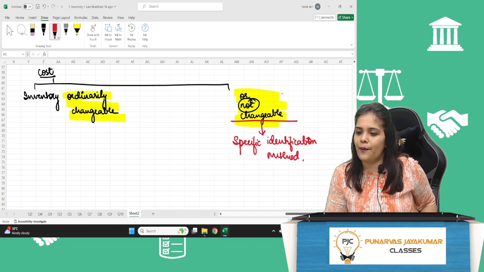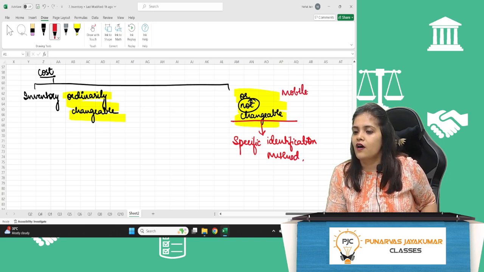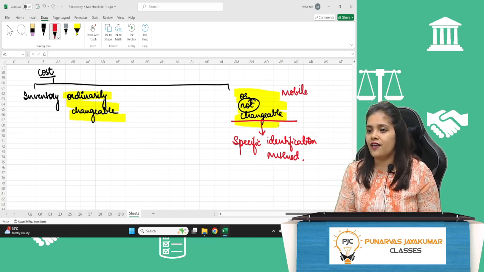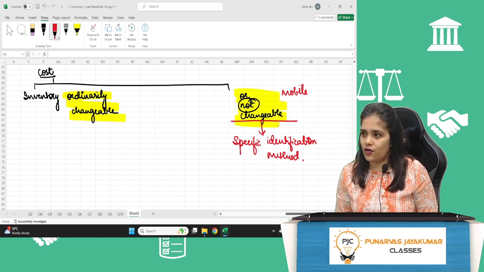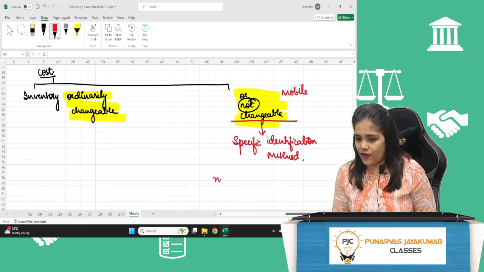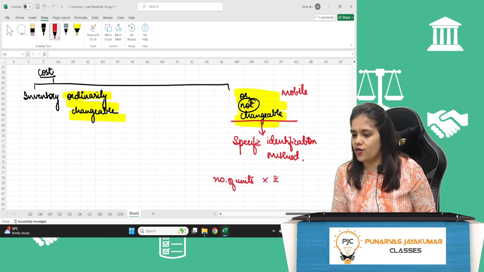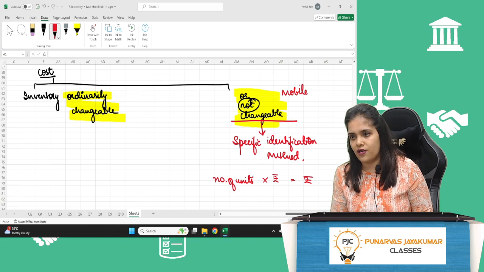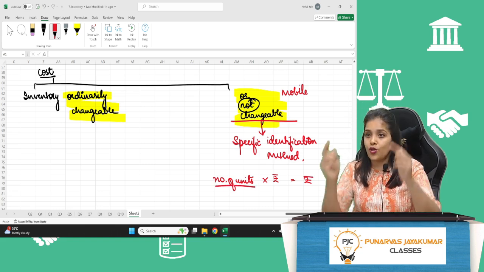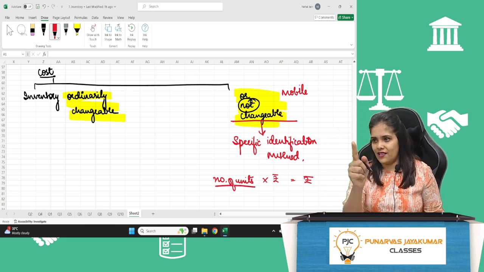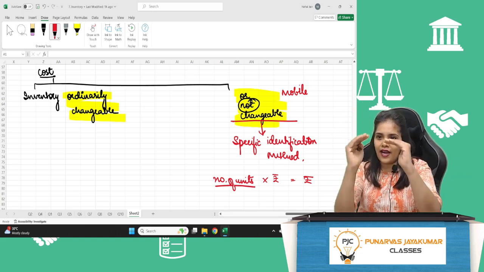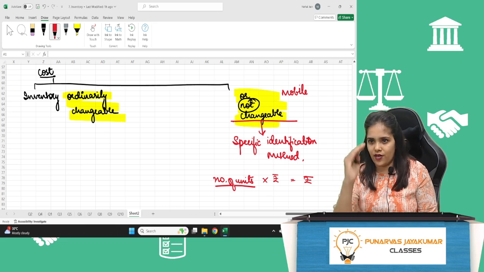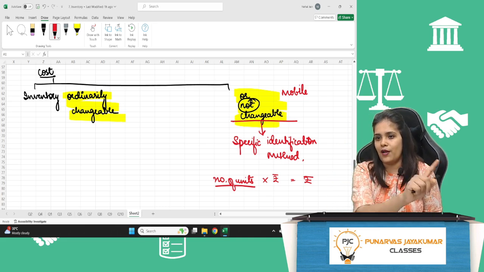Okay, now how to follow? What example did I give you? Mobile phone. Now let's say we are valuing with rate per unit or amount per total amount. Number of units, we'll write down. So I have Galaxy 1. We'll write down how many units of each you have. Then you will multiply with cost.